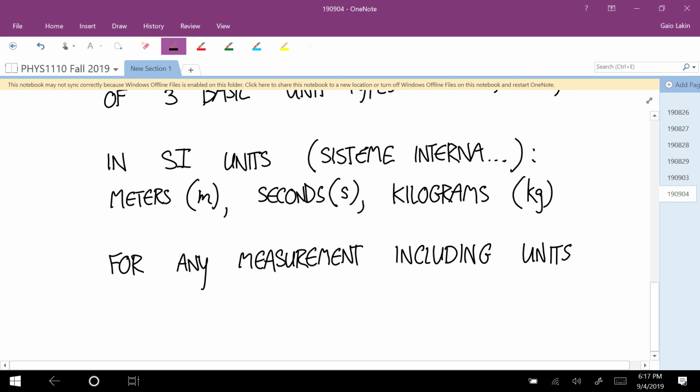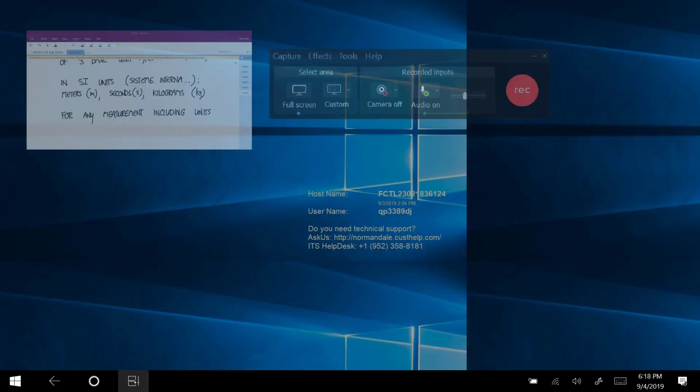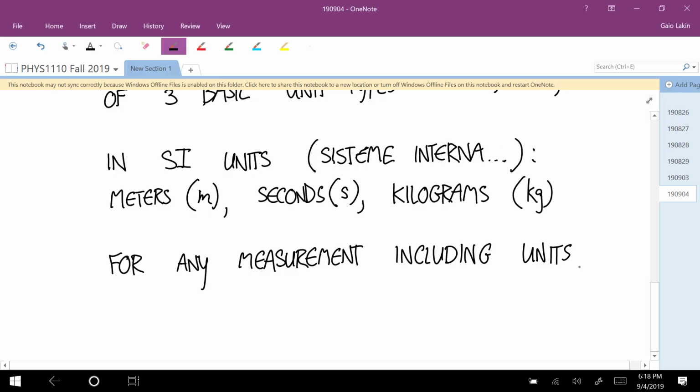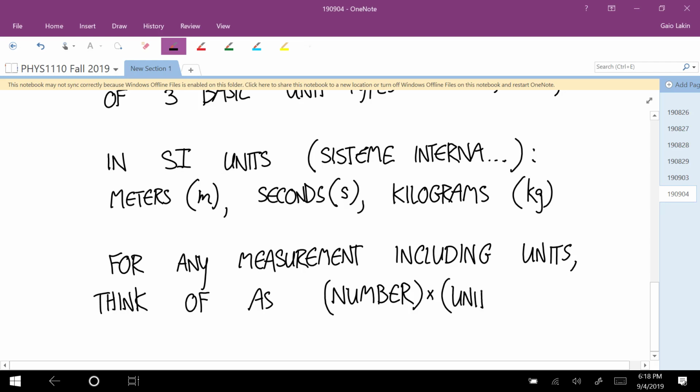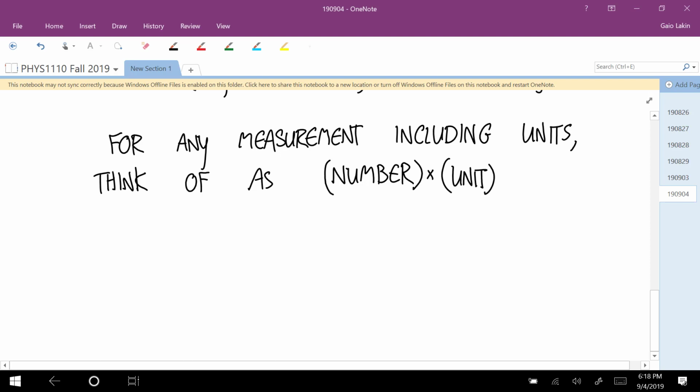So there's 1, 2, 3. So any measurement including units, think of that as a number times the unit. And that's going to be important when we start doing the conversions.